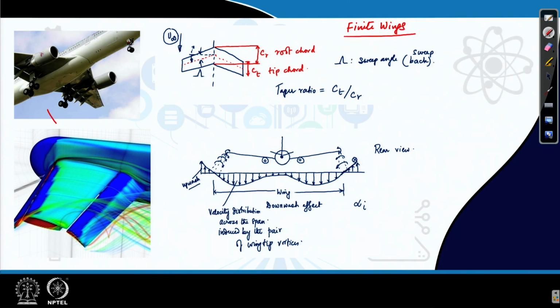So, you can see a picture of an aircraft close to the ground, and you can very well figure out that it has a swept tapered wing.